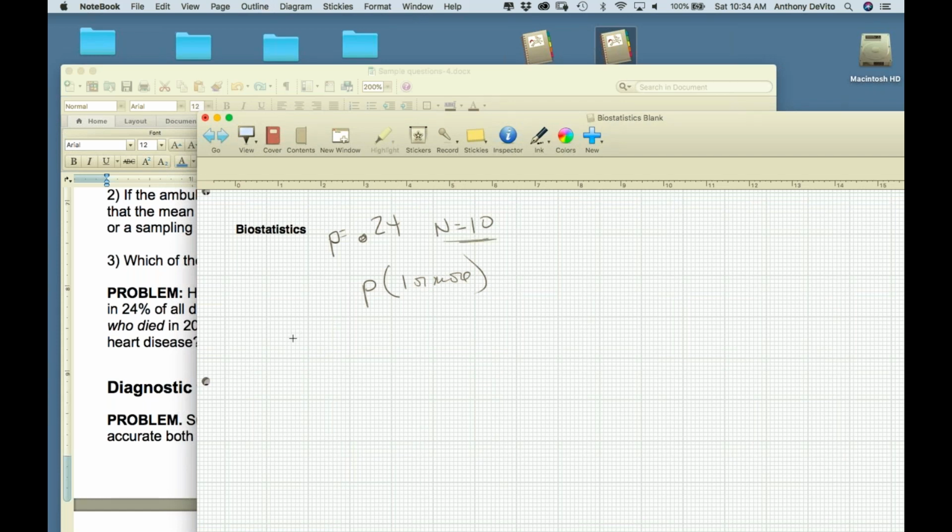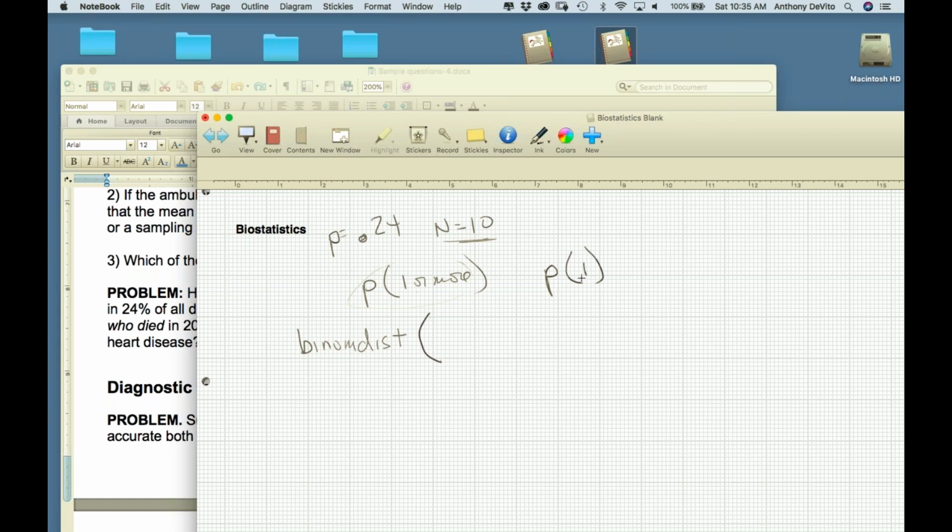Well, we would use the binomial distribution in Excel, right? BINOM.DIST. And I'm going to cheat here. First, let's ignore this one for now, and I'm going to ask you what's the probability of getting exactly one person out of 10 that died of heart disease?